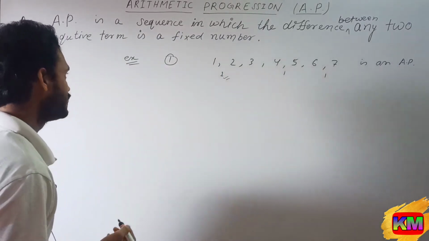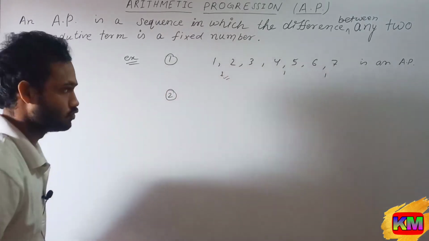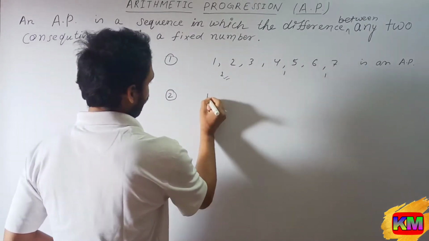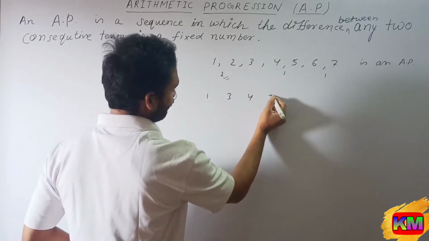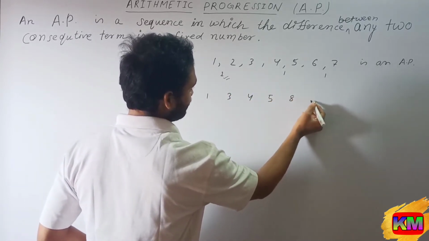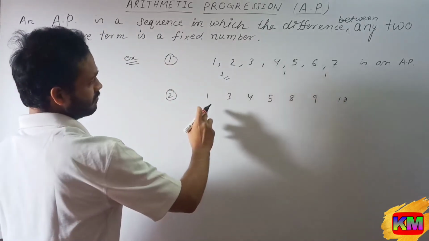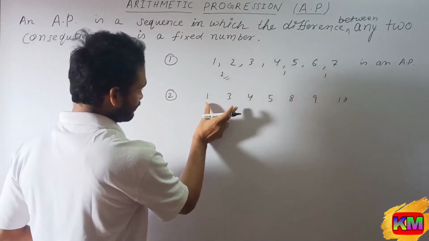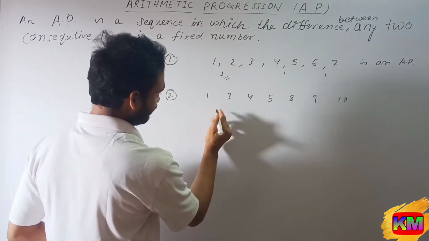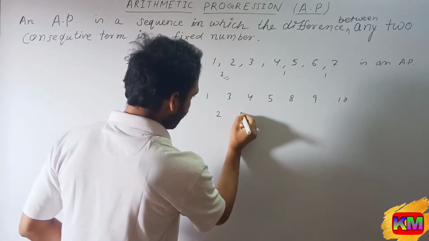Now we want to see another example. Example 2: 1, 3, 4, 5, 8, 9, 10. Now we have 7 terms here. The difference between the first term and second term is 2. The difference between the second and third term is 1.